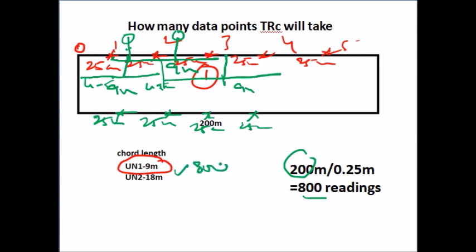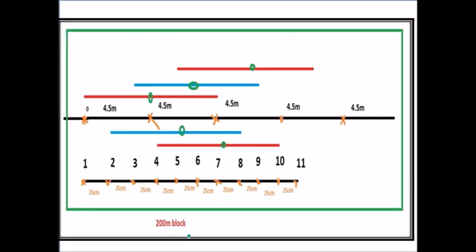So 200 divided by 0.25 means 800 readings. For UN1 you are getting 800 readings, for UN2 800 readings, and for AL1 800 readings, AL2 800 readings. Like that it is taking the readings. I have shown in the picture here.